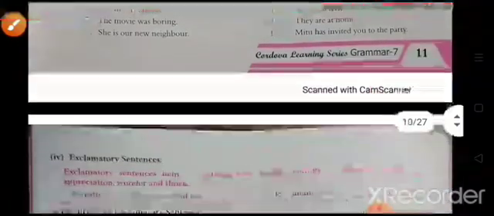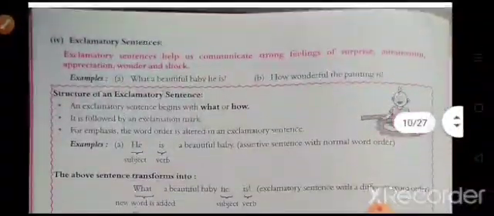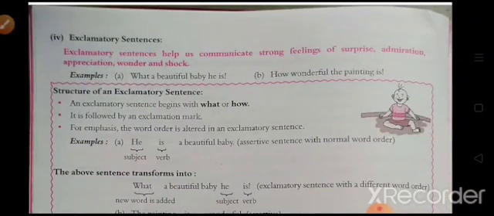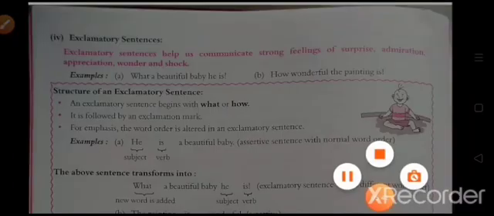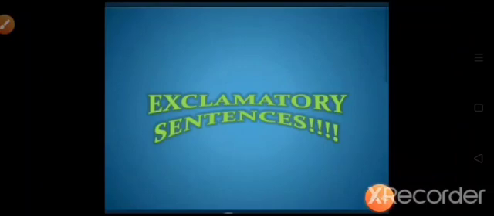Now let's move to the next part. Next part is exclamatory sentences. Exclamatory sentences help us communicate strong feelings of surprise, admiration, appreciation, wonder, and shock. An exclamatory sentence is used to show a strong feeling of surprise, sadness, or happiness.